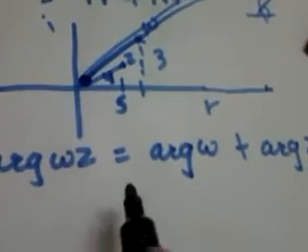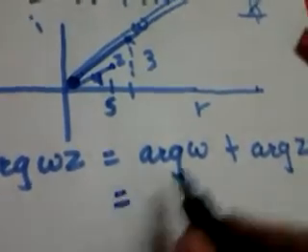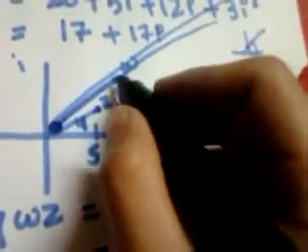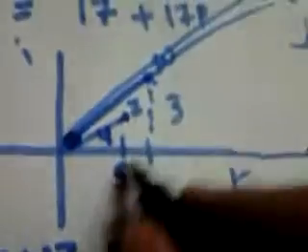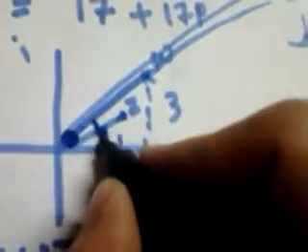So now, why did I draw this? By considering arguments, it says, and we have considered the arguments. Now, what's the argument of w, made by w and the x-axis? w is 5 plus 3i, the angle, let's say alpha, equals what?